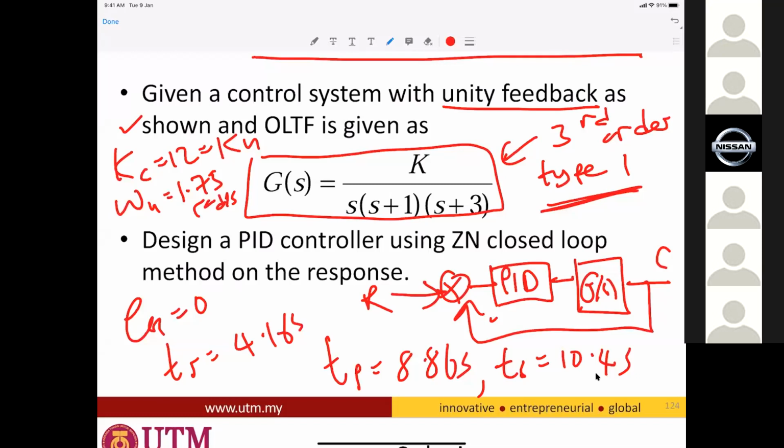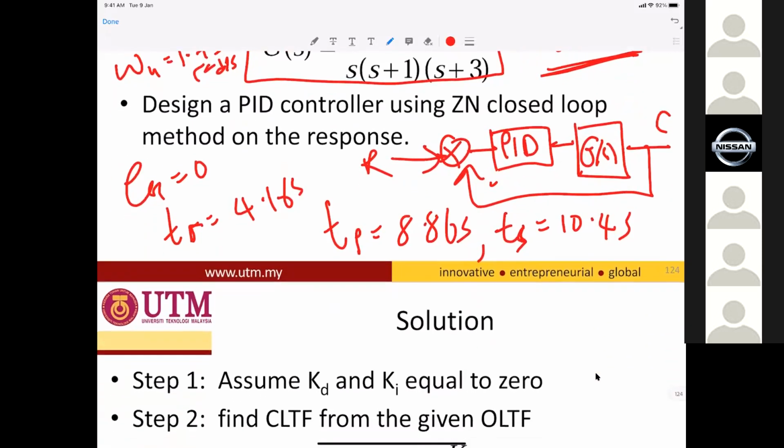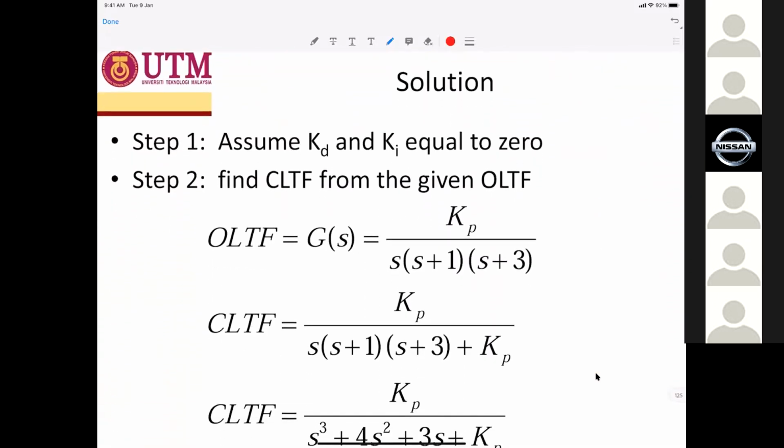Since this system is type 1, the steady state error is 0. Rise time 4.16 seconds, peak time 8.86 seconds, settling time 10.4 seconds, right?